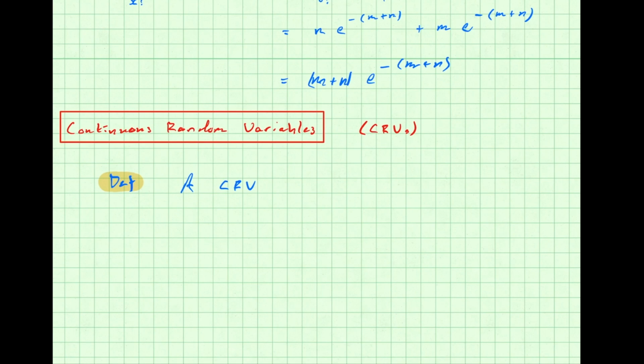A continuous random variable is a random variable that can take on a continuous range of values, can take on any value within a given range.